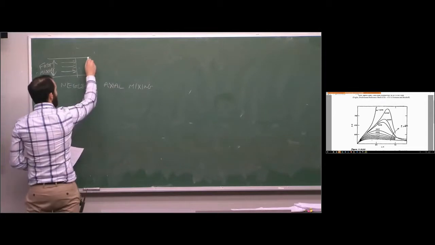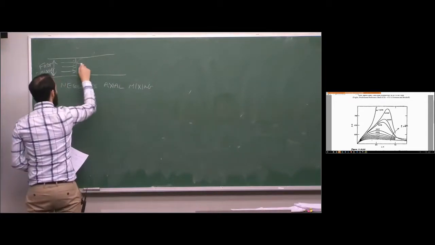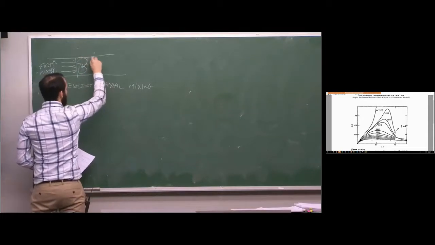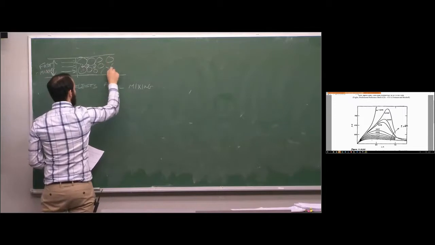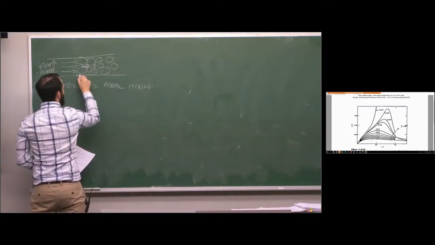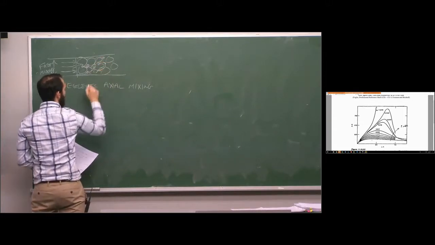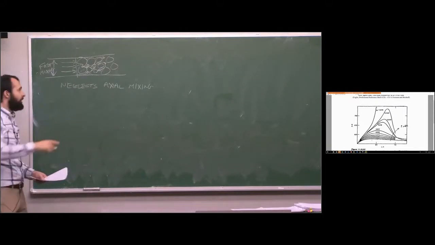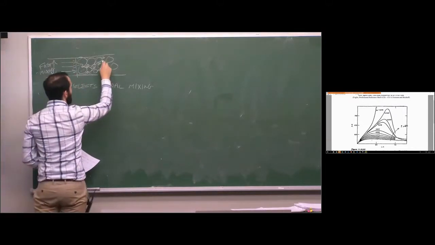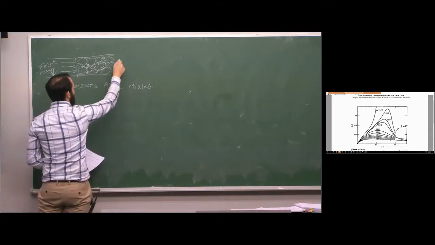In a real system, you might have this plug flow environment until you hit your packed bed, right? And now suddenly you have very complex flow patterns. And you can have flow in the backwards direction, not just up and down, but also because of turbulence and mixing, you can have some backflow.